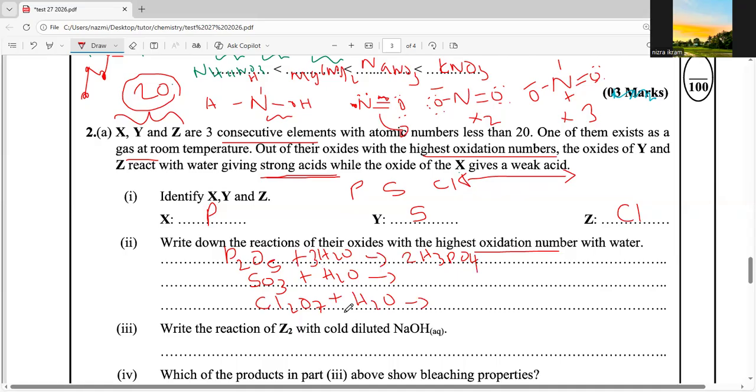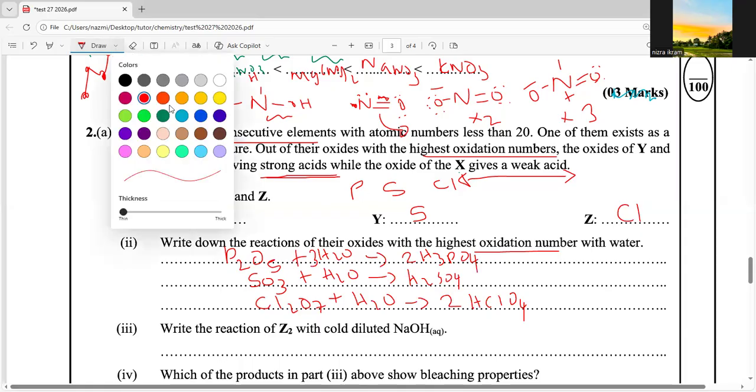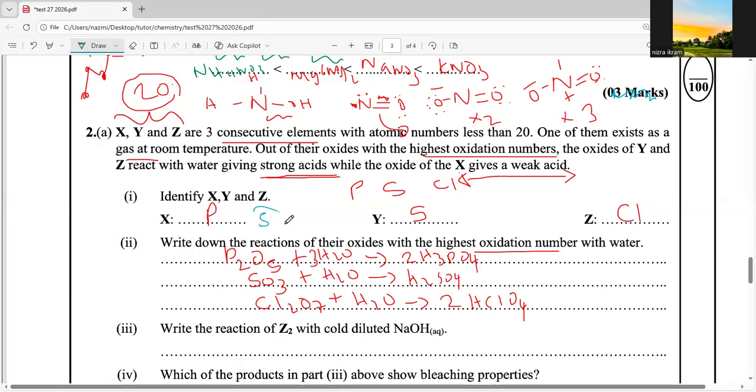Then sulfur trioxide with water forms sulfuric acid, H2SO4. Then Cl2O7 with water forms the strongest acid, HClO4. I hope it's clear. For the identification, 15 marks, each 5 marks.